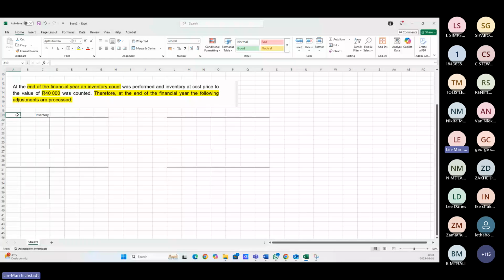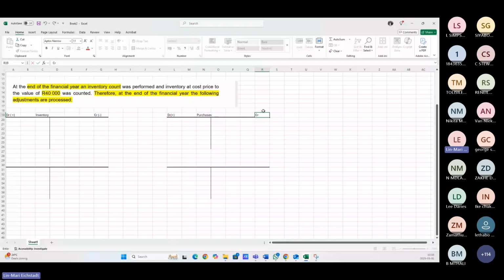And we have a credit side, and this is normally where it decreases. Then we would also have a purchases account, which is one of the accounts in the study guide that we have just done. So purchases would also increase on the debit side, and it would decrease on the credit side.